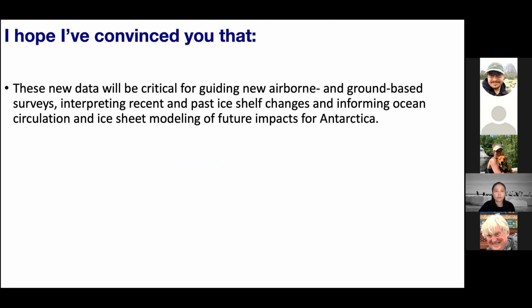Also, this new data will be important to guide future surveys and help interpret recent and past changes in ice shelf and inform future modeling work of ocean circulation and ice sheet to better predict the future impact from ice shelves.